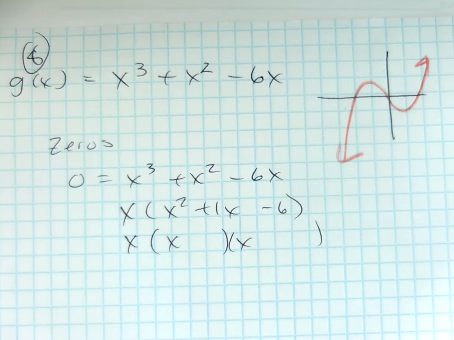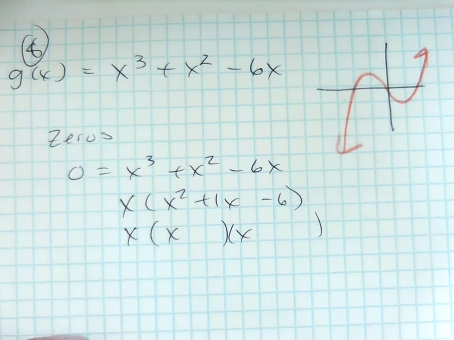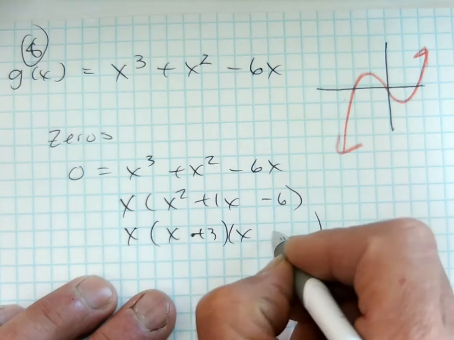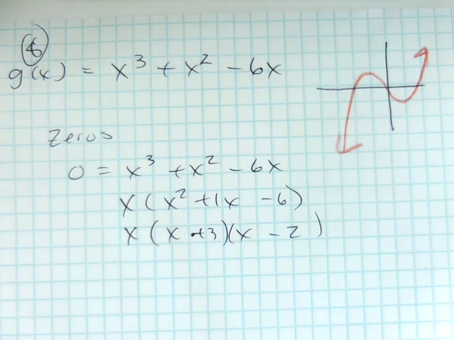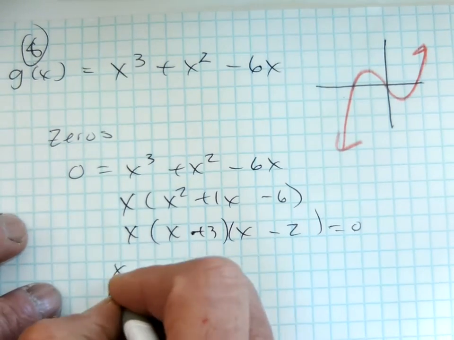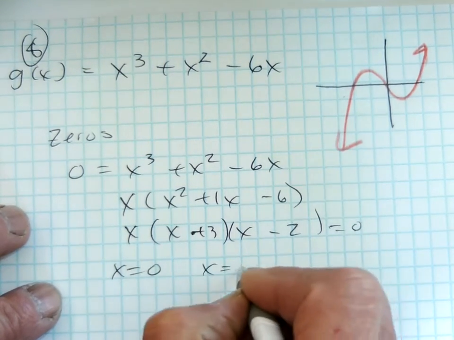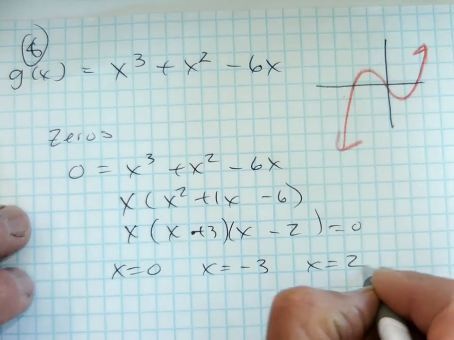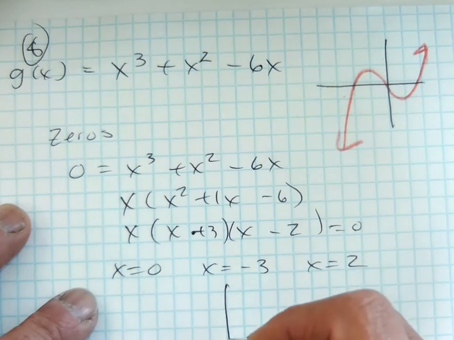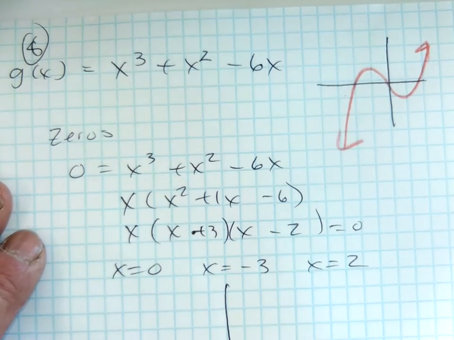You okay with that? Positive 3, negative 2. I said it wrong. Then our mini equations, we know that x equals 0, x equals negative 3, and x equals a positive 2.